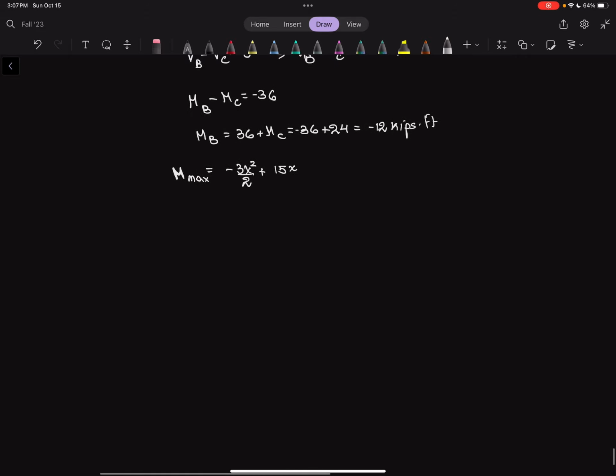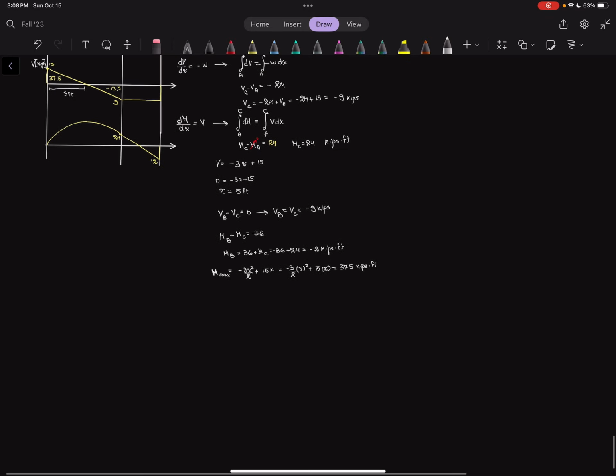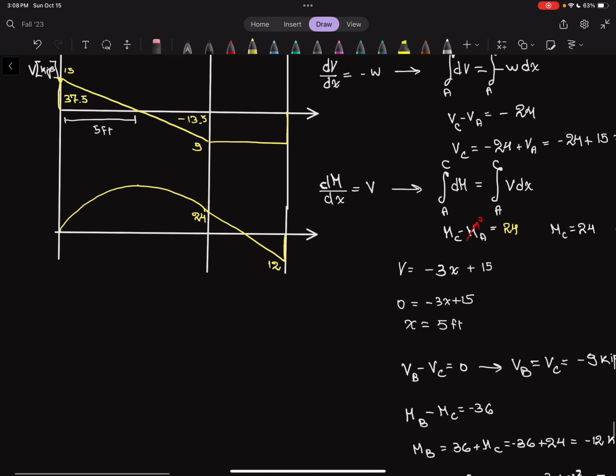We just said that my x is 5. And so my max is going to be at minus 1.5 times 25 plus 15 times 5, which is 37.5 kips times feet. And that's going to be right here.